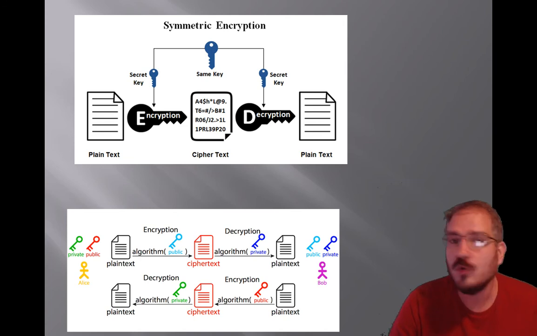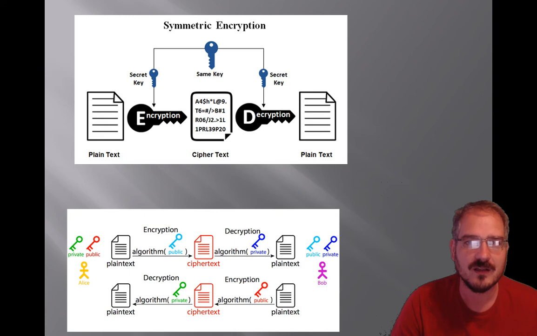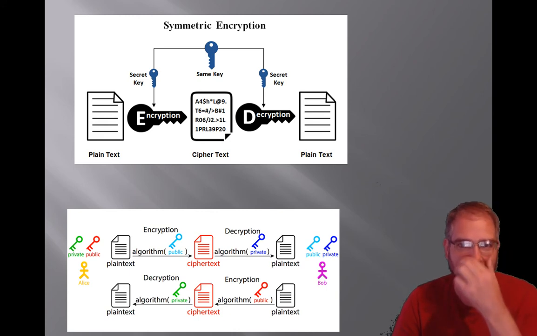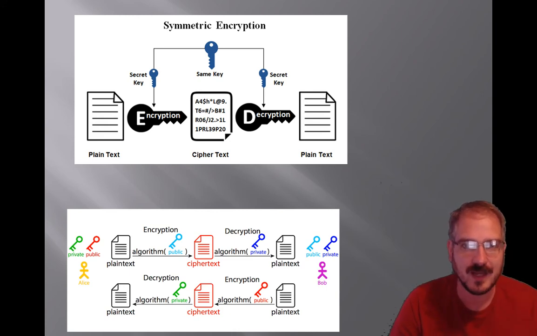Everybody keeps their own secret key that only they know. This is a really, really brilliant method of encrypting communications because you don't have to share with anybody like you do with all the symmetric encryption processes.